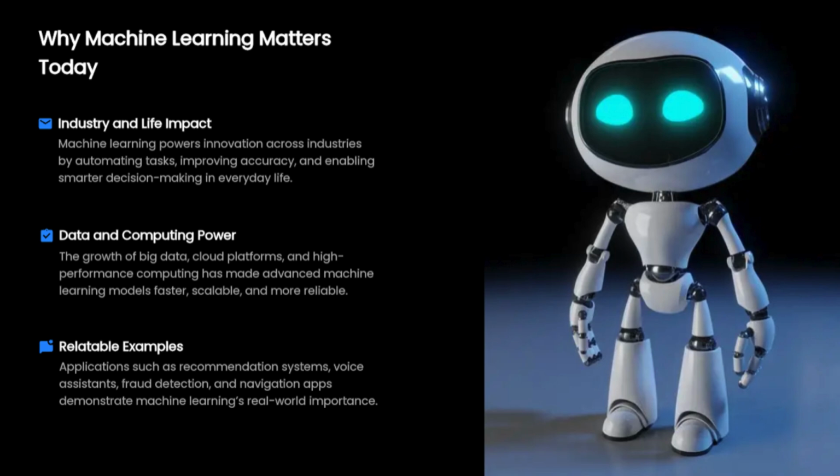Finally, relatable real-world examples. Applications like recommendation systems, voice assistants, fraud detection, navigation apps, and personalized services clearly show how machine learning has become a part of our daily routine. Together, these factors explain why machine learning is not just a future technology, it is a critical part of the present.